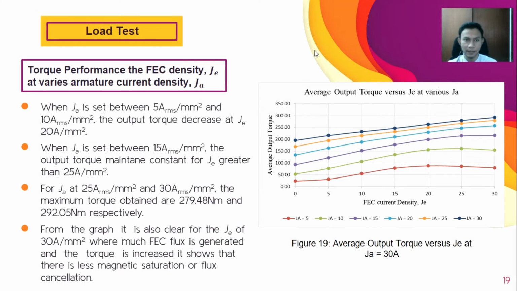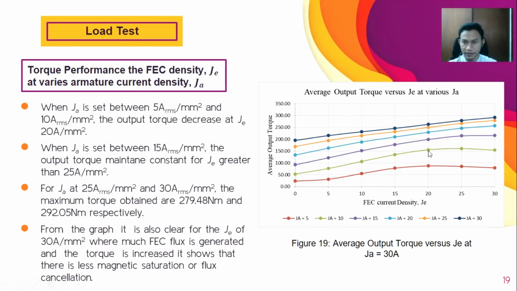Okay, next we move to the part load test analysis, where we need to analyze the torque performance of the FEC current density JE at various armature current density JA. Figure 19 shows the result of the average output torque versus JE at various JA, up to JA equal to 30 ampere. From the analysis, when JA is set between 5 until 10, the output torque will decrease at JE of 20 ampere.